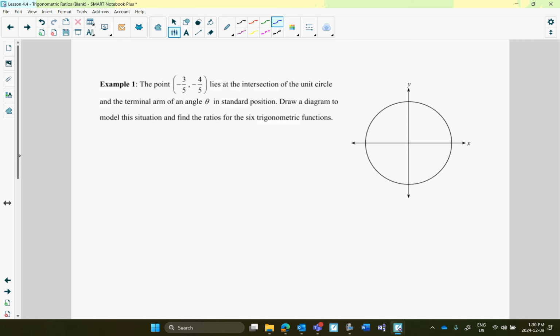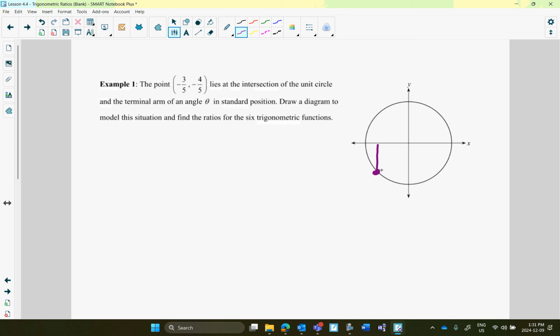What quadrant? So -3/5, -4/5 is going to be somewhere on the circle. Where? What quadrant? Quadrant 3. And remember, I'm only sketching, so I'm just going to put it here. And how do I make a right triangle? Well, first of all, from the point on the unit circle, I always draw a vertical line segment.